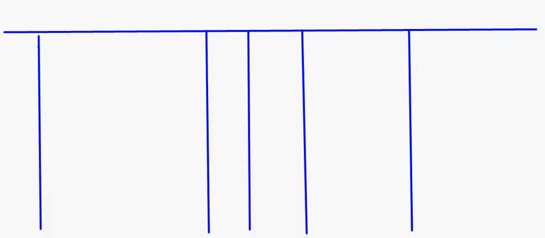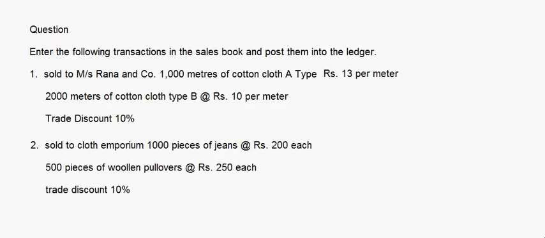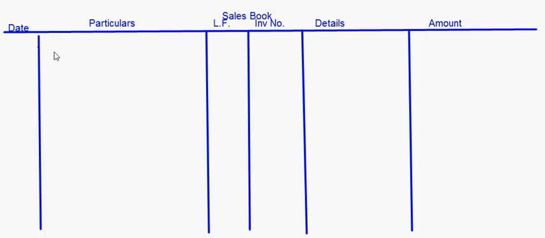Okay, so here we write, this is the sales book, date, particulars, ledger folio, invoice number, details and amount. Okay, dates have not been given here, so nothing will be mentioned, right? So we come to the particulars column.